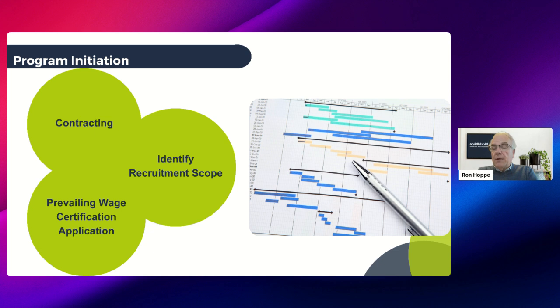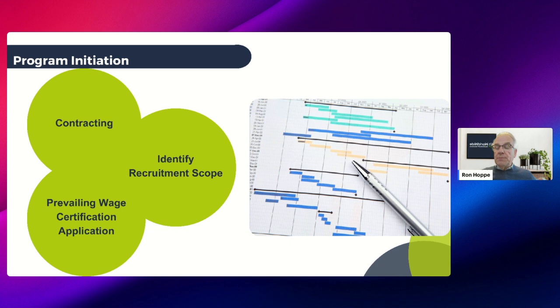So just being willing and able to contemplate what the scope of that recruitment will be and to get a best estimate together so that the program can get up and running. And then we'll talk a little bit later on about a pipeline approach and how that mindset or that philosophy plays into supporting the strategy overall.